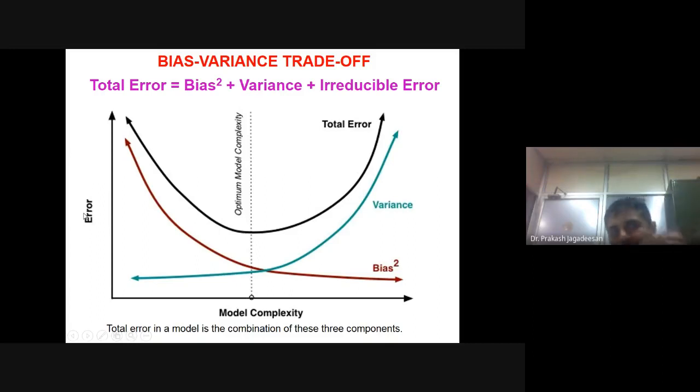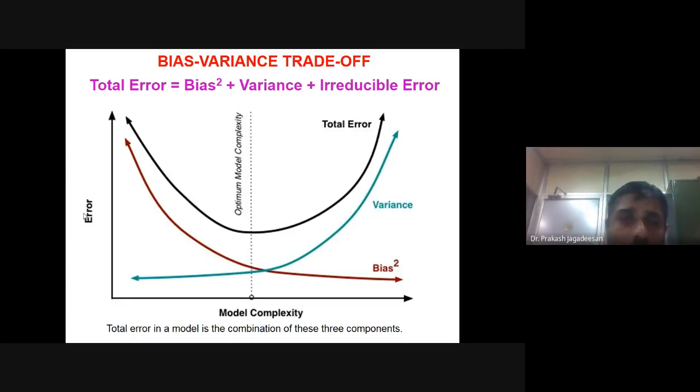So when you try to build a model, one will not be able to capture the true model. One cannot build a true model. Always there will be an error, and our interest is basically to minimize that error.